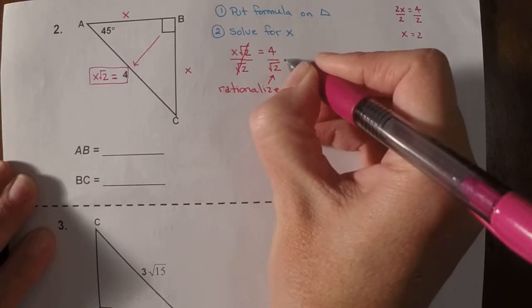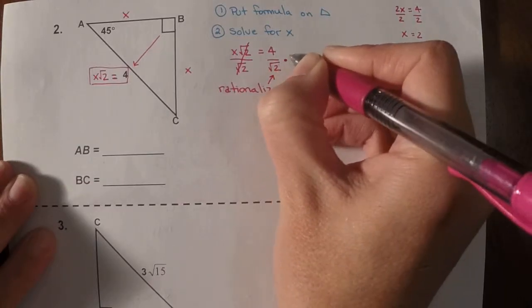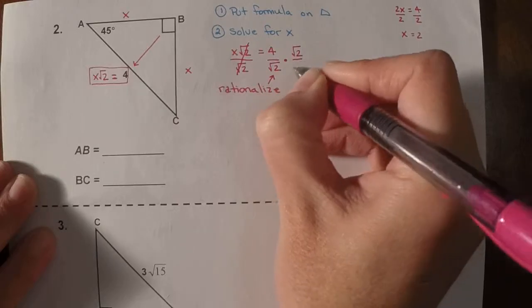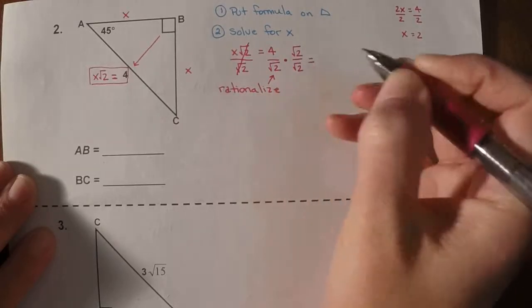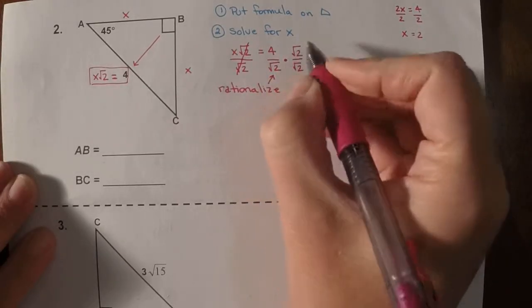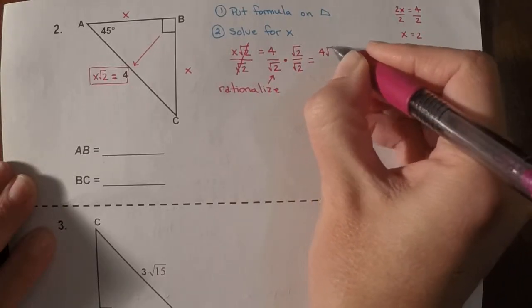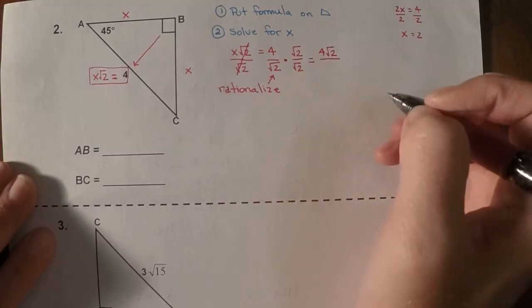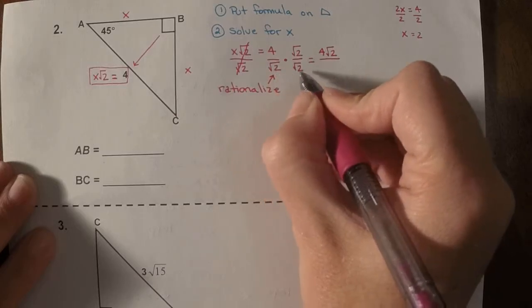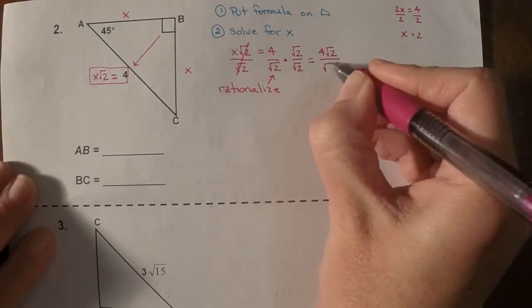So I'm going to multiply by whatever's in the denominator, so root 2 times root 2. So 4 times root 2, we can't put together, so that's 4 square roots of 2. Then root 2 times root 2 is the square root of 4.